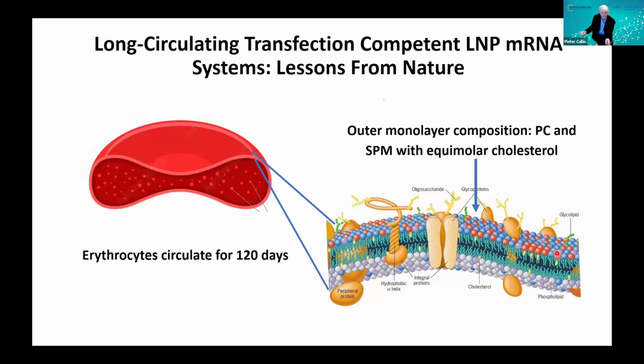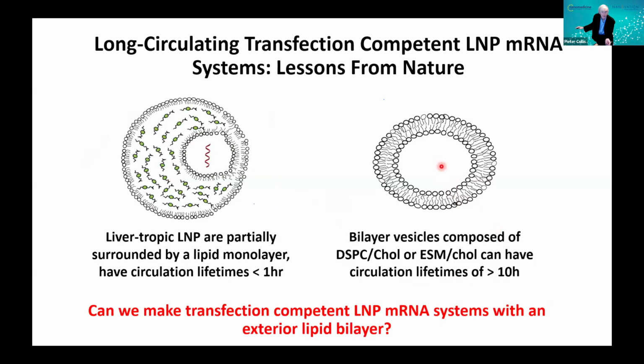For long circulating systems, to really take lessons from nature here, erythrocytes circulate for 120 days. And our outer membrane consists of phosphatidylcholine, sphingomyelin, and equimolar cholesterol. So let's make our systems more like bilayer systems with that lipid composition.